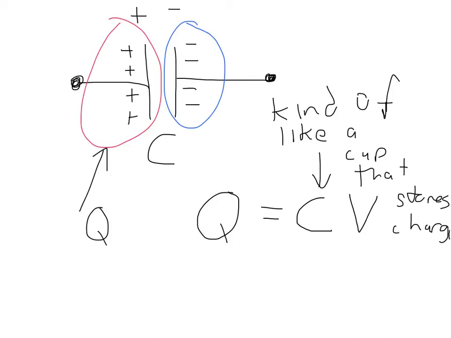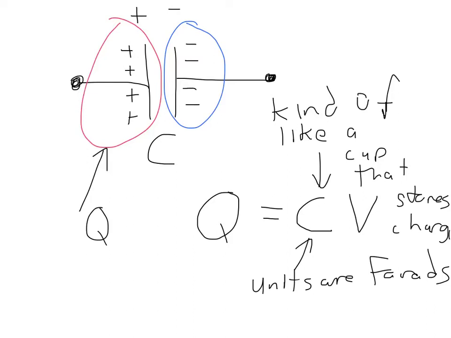Alright, if you think of it like a cup, that's one way to imagine this. And the units are farads. Now typically capacitors you're going to see are going to have sizes of microfarads or even smaller. A farad is a lot of capacitance. It's a lot of capacity, ability to store charge.